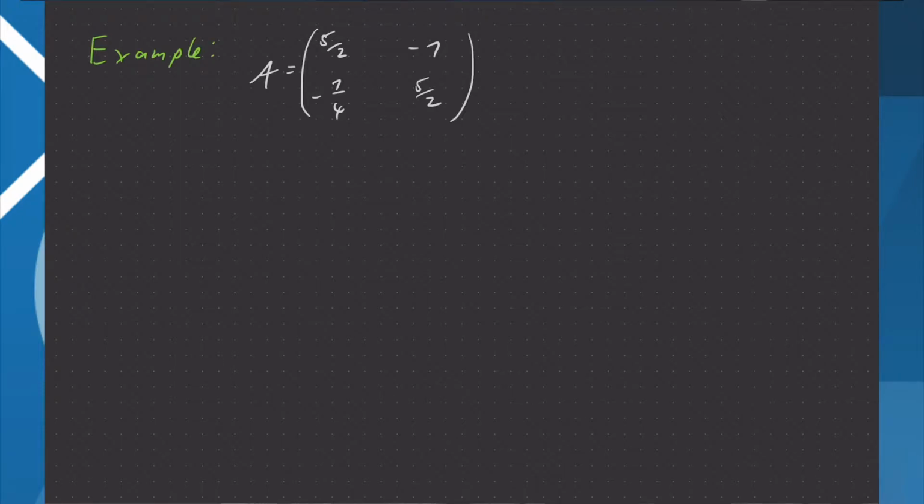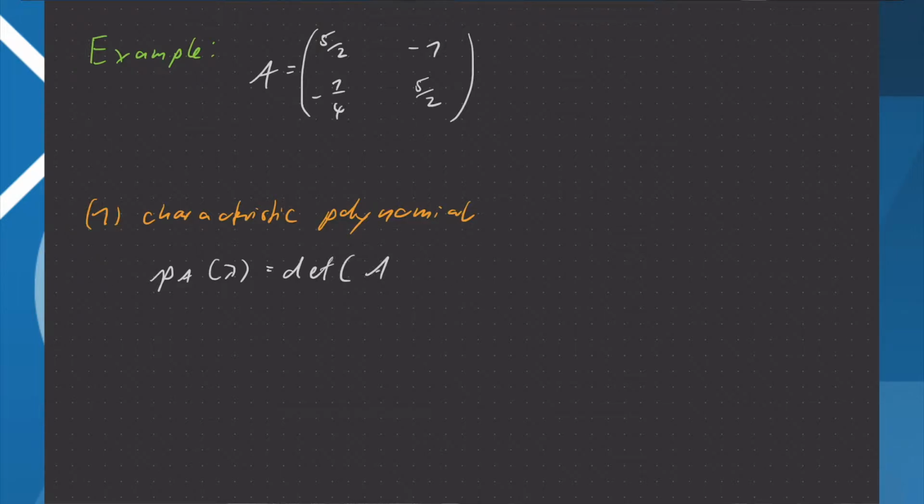We want to determine the eigenvalues and the eigenvectors and see if we can get a transformation to a basis of eigenvectors of R2. So the first step in that is to determine the characteristic polynomial. We do that by computing the determinant of A minus lambda E2.